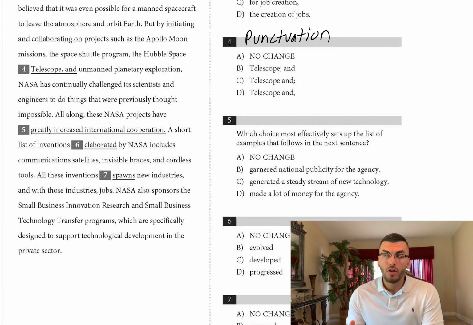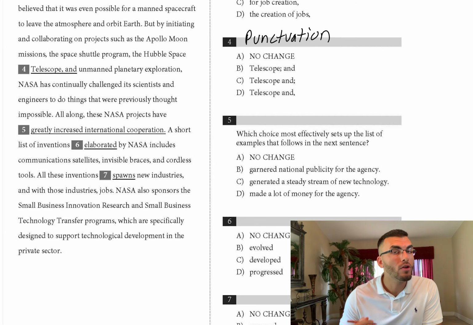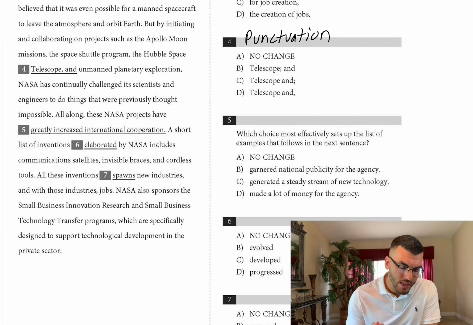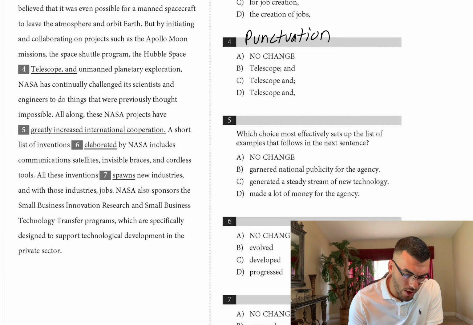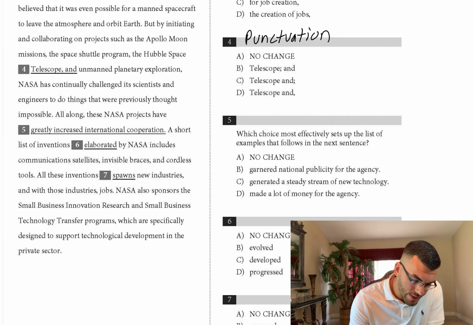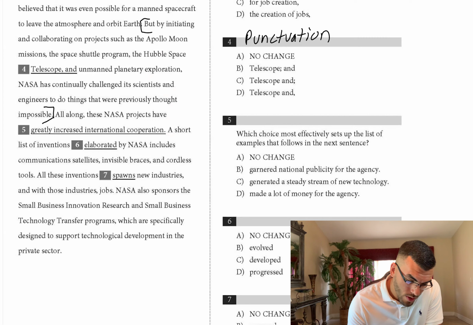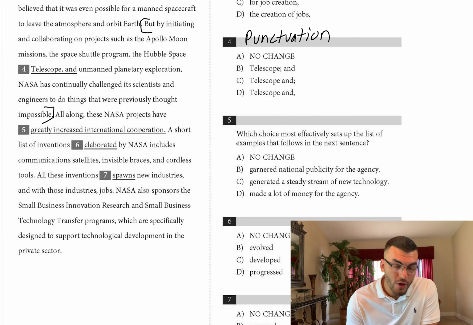If you read the sentence, you can quickly realize that this is a list going on here. So with this sentence that question number 4 is dealing with, it's a long sentence. Can you find the list in this sentence? The list of 3 or more things being specifically named.